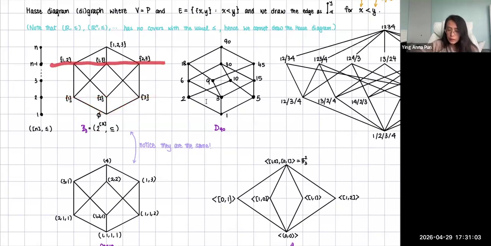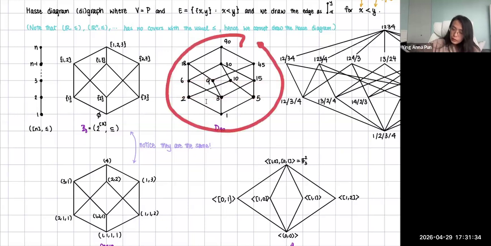Here you can easily see that they are level 2 because every path has exactly 2 edges. For example, from 30, how do you go to 30? You can go this one, this one, this one. You can see that everything has 3 lines. So you can easily put it at level 3. And then same thing, level 2, level 1, and so on.